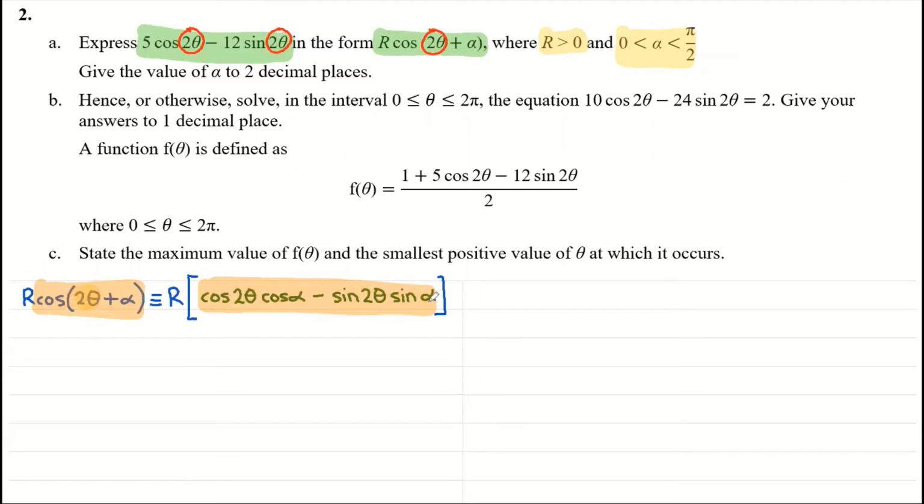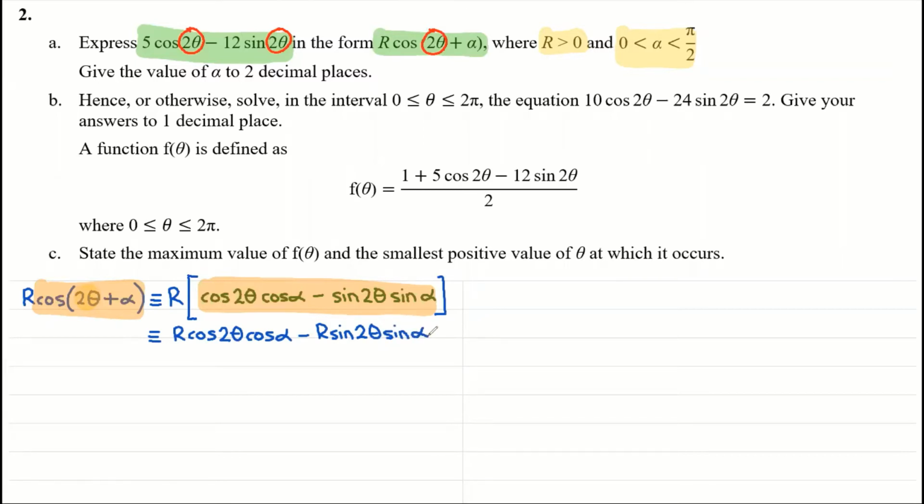Now we multiply everything by r, and then we can compare coefficients. So this is going to be identical to r cos of 2 theta, don't forget that, multiplied by the cosine of alpha, subtract r sine of 2 theta, multiplied by the sine of alpha.